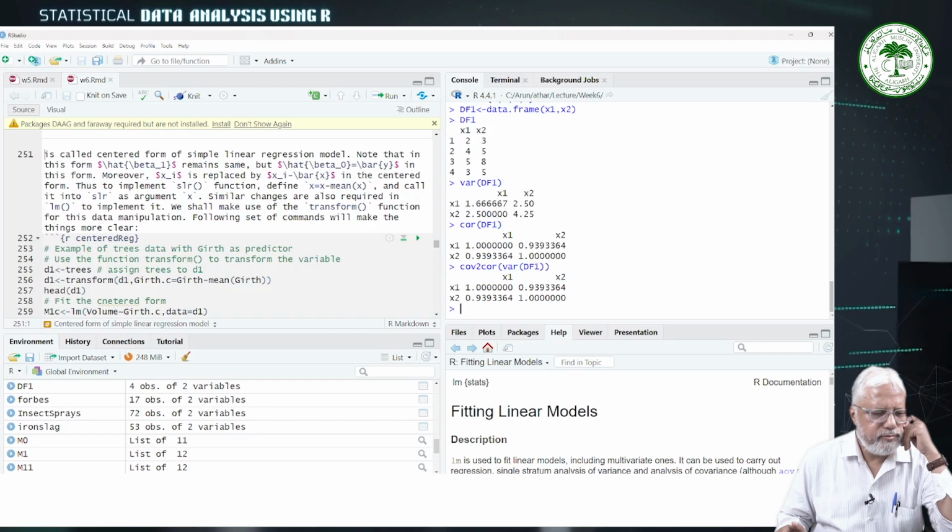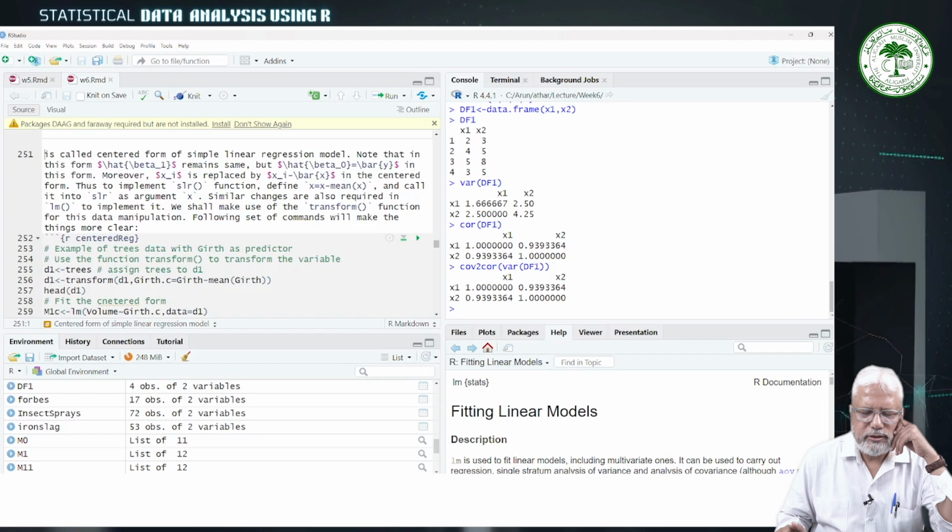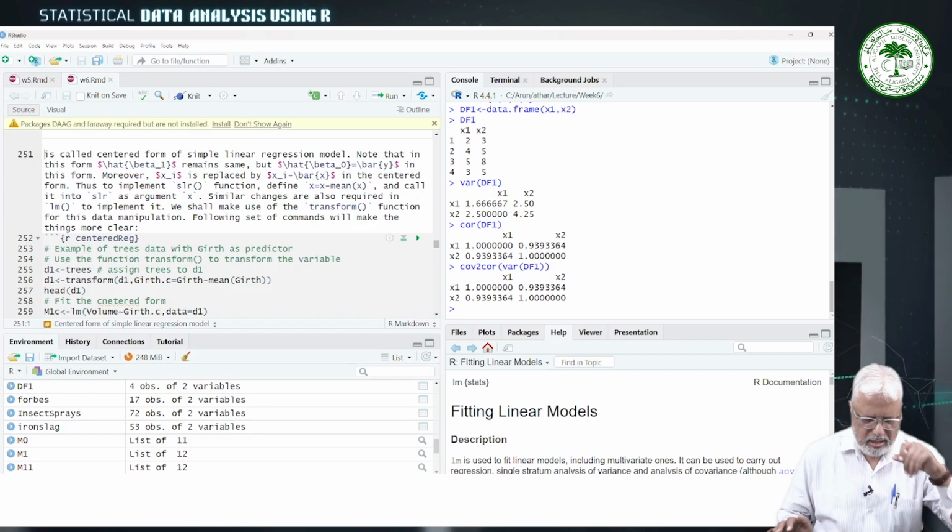Now we see, if we take the centered form of the data, what happens?